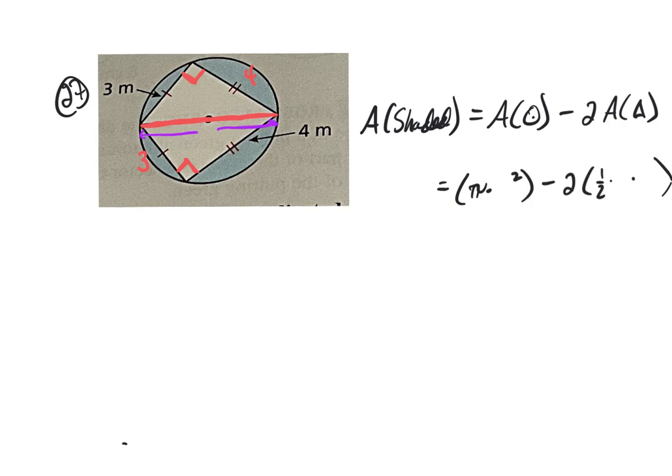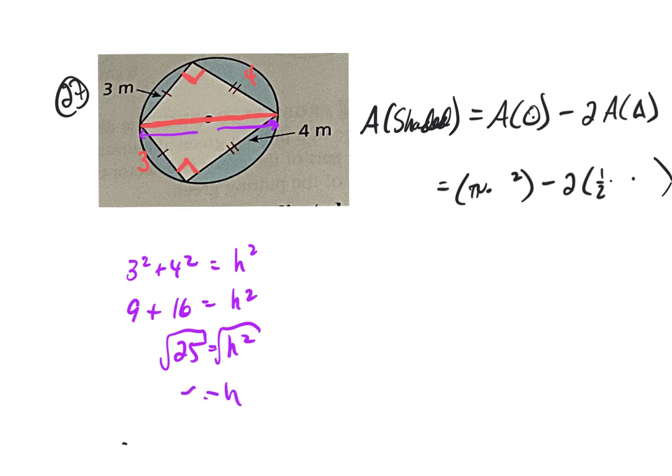So we can find this long side by using Pythagorean theorem. So 3 squared plus 4 squared is going to be equal to the hypotenuse squared. Okay, and you might recognize the numbers and you know the answer is 5, but I'll show you the work just in case. 3 times 3 is 9, 4 times 4 is 16, 9 plus 16 is 25, and when we take the square root of both sides, we get h being the square root of 25, which is 5.